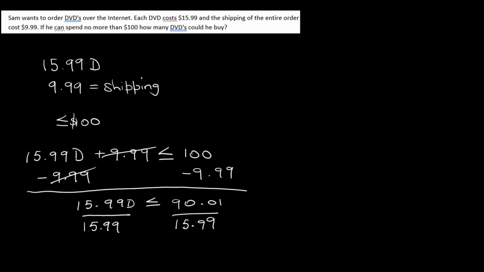And so D should be less than or equal to 5.63. Now, we're not able to buy a fraction of a DVD, so we will simply remove the fraction. And so our final answer for the number of DVDs we can buy is D is less than or equal to 5.